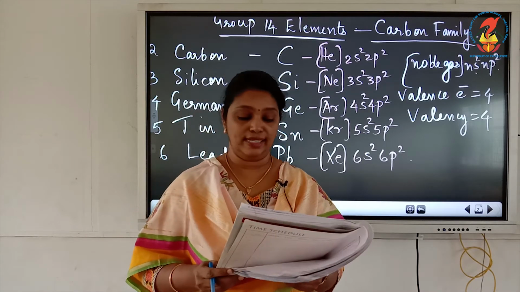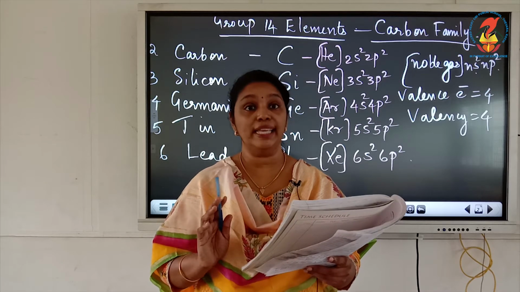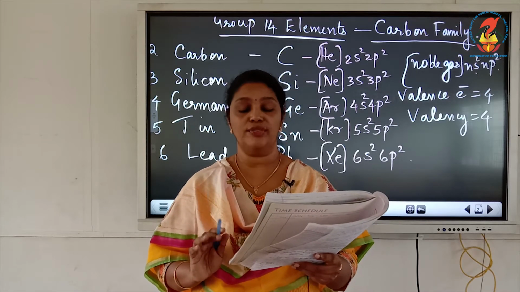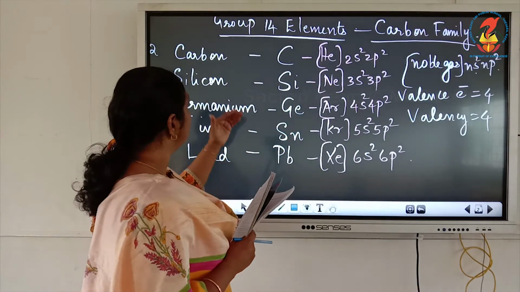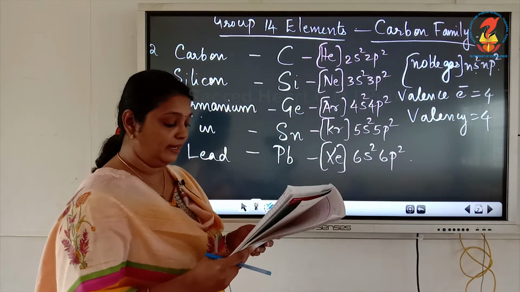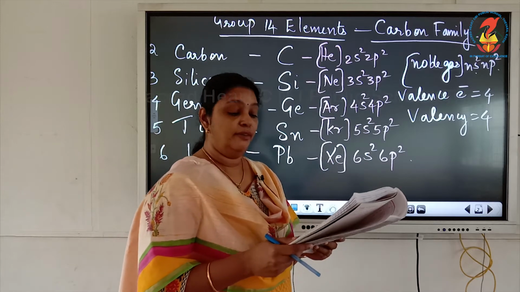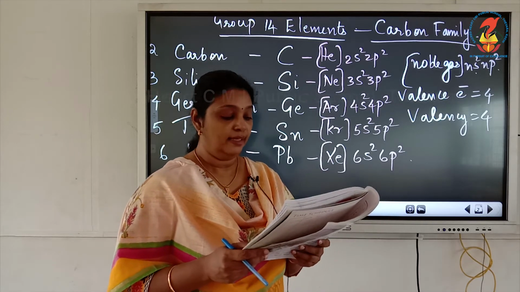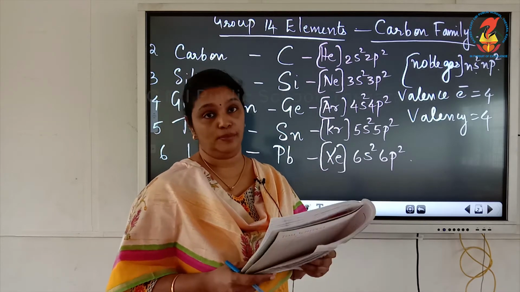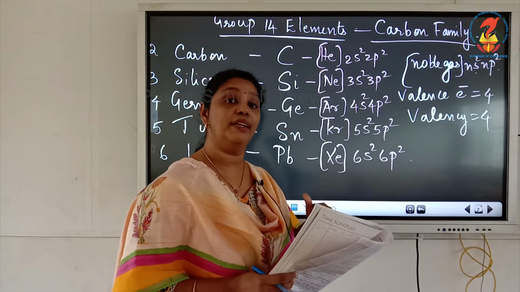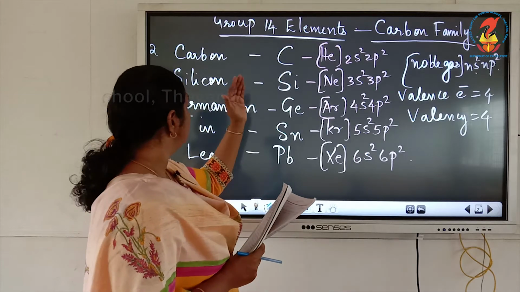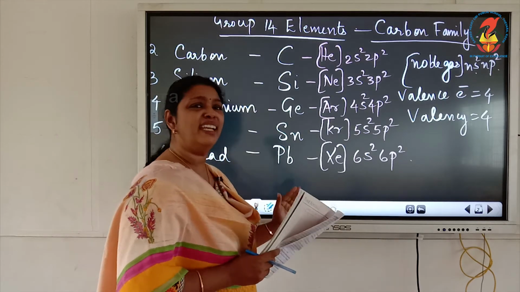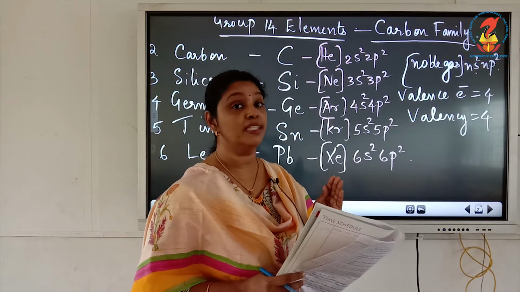Now the next question is, there is a considerable increase in atomic radius from carbon to silicon down the group. There is an increase in radius from carbon to silicon, but from silicon to lead only a small increase is observed. So down the group atomic radius increases, but from silicon to lead that increase is very small.